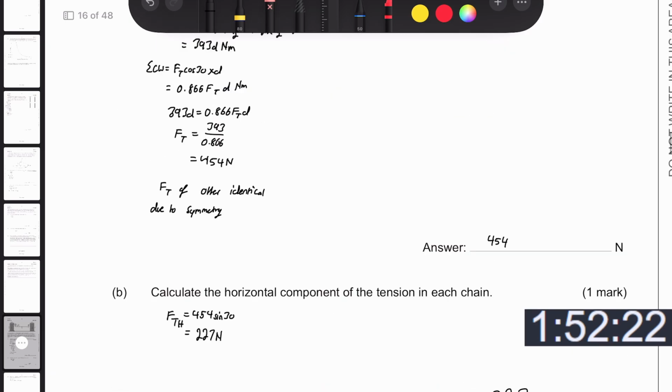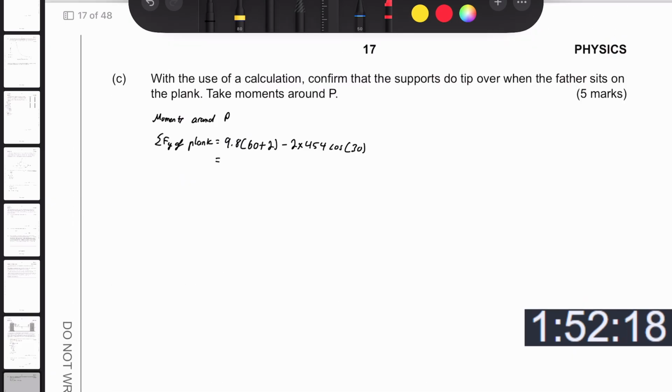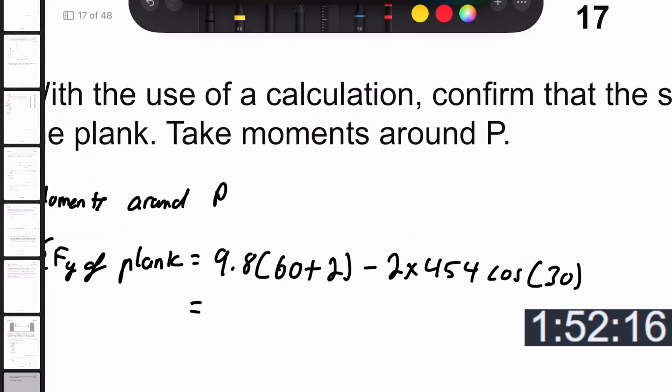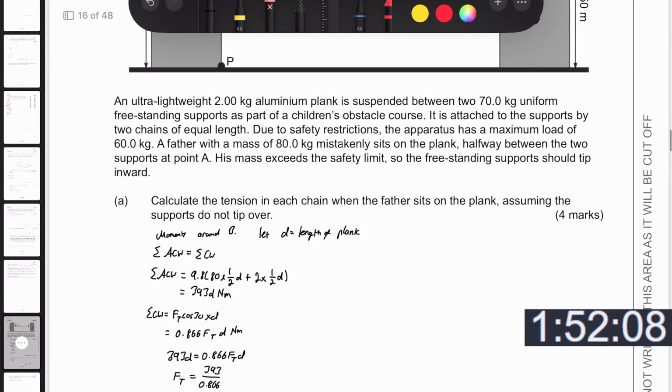Oh wait, mass of 80. There we go, cosine.